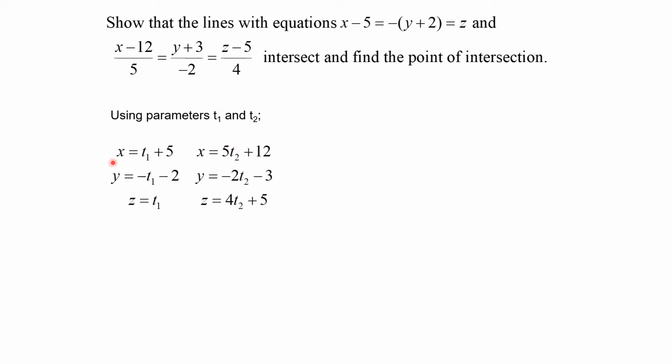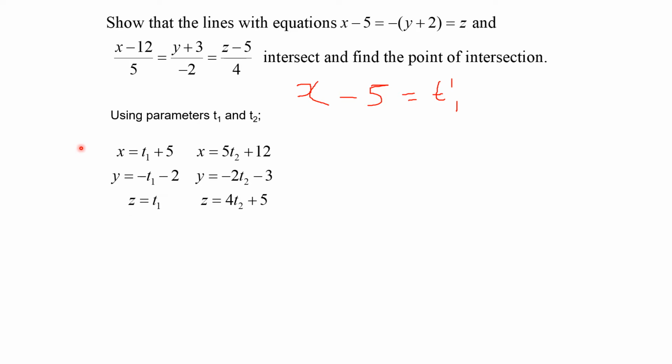So when we equate our first equation to t1, x minus 5 equals t1, so x will be t1 plus 5 if we move the 5 over to the right hand side.